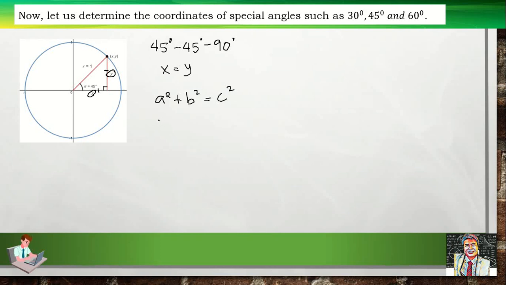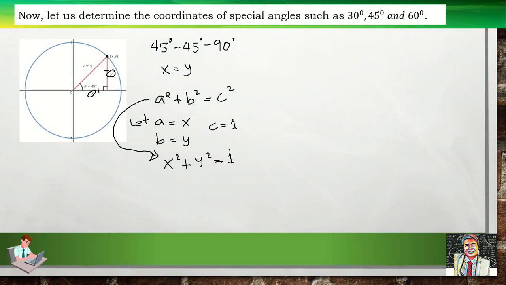So let a be x, b be y, and c be the radius, ang length ng radius natin is 1. Okay? So by substitution, x squared plus y squared is equal to 1 squared. So 1 squared is also 1, tama?